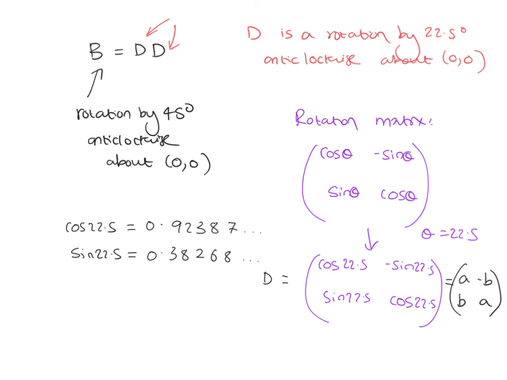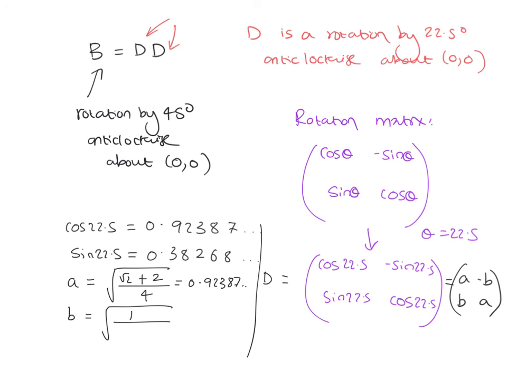Now, remember that this matrix is D, but D was also written as A, minus B, B, A, like so. And if you remember, A had that slightly complex looking value of the square root of root 2 plus 2 all over 4. Well, if you evaluate that, that's 0.92387... And if you evaluate the square root composition that we got for B, that works out to 0.38268.